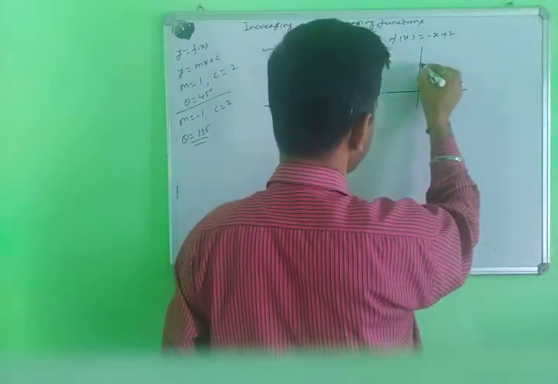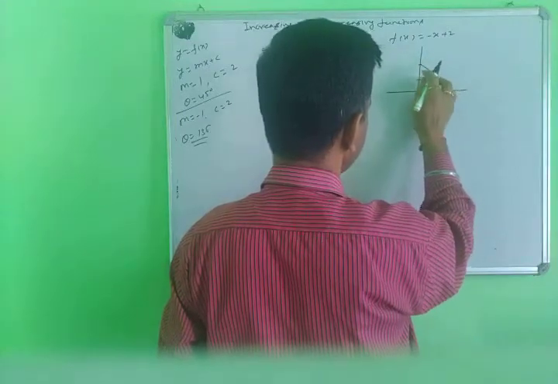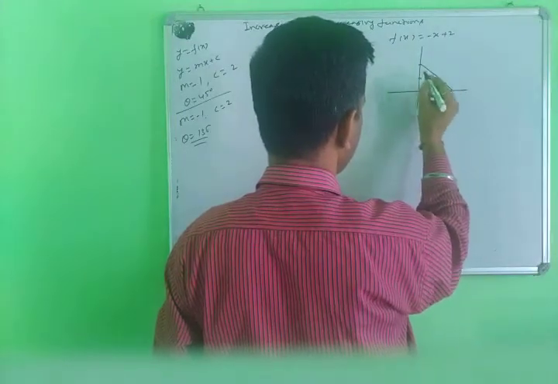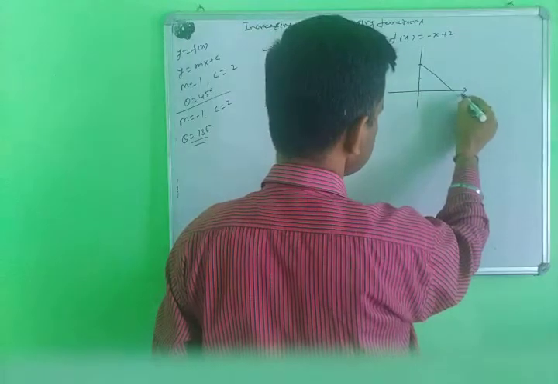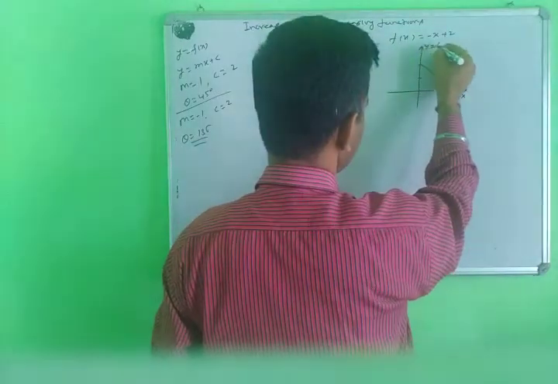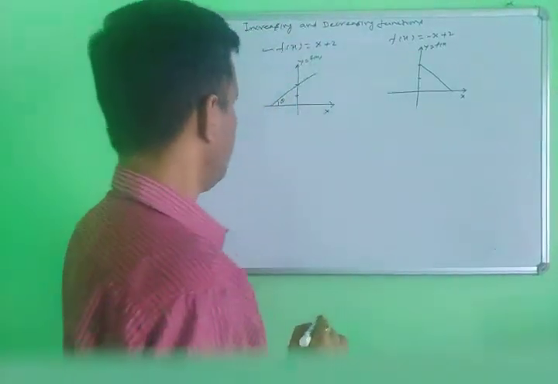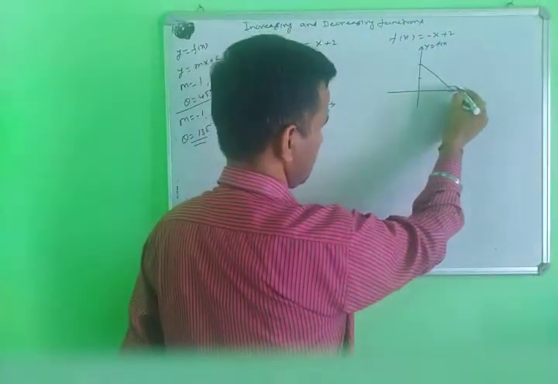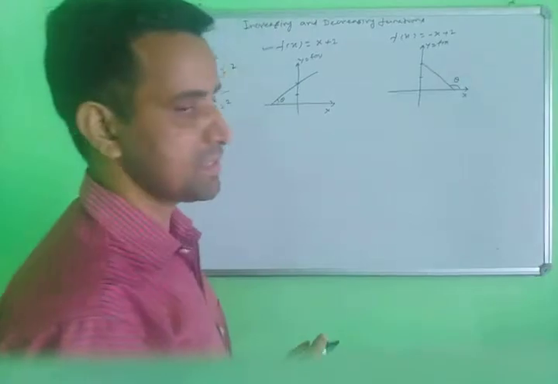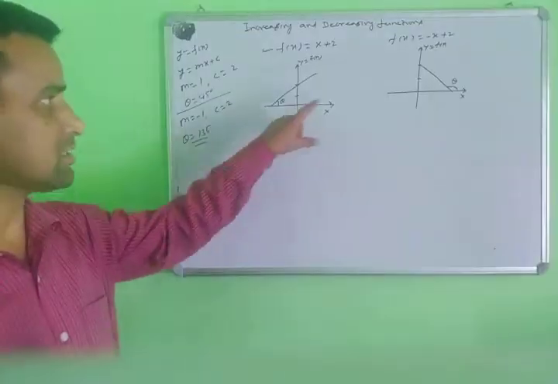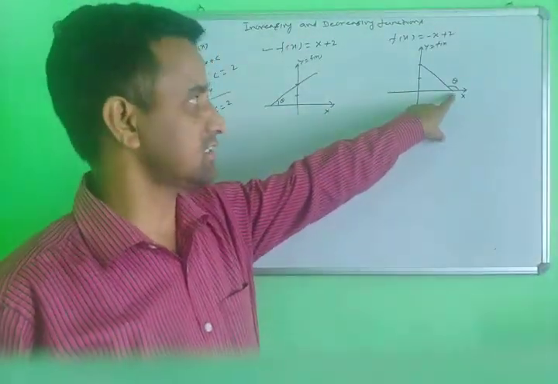This is the first intercept, this is the second intercept, this is the x-axis, this is the y-axis, y equal to f(x), and this is theta. Theta is always counted from the x-axis.